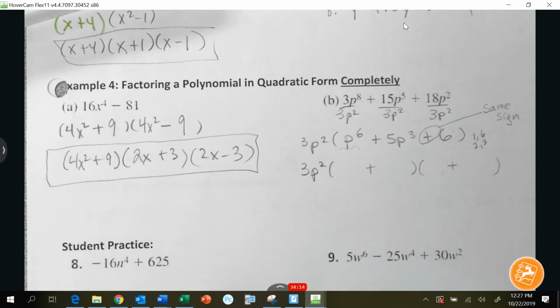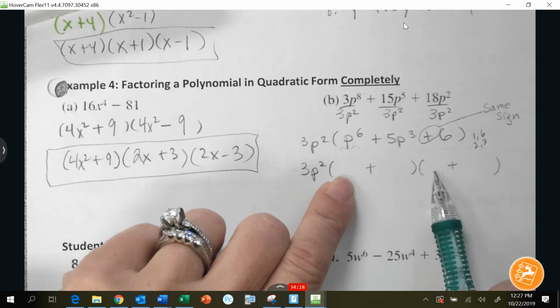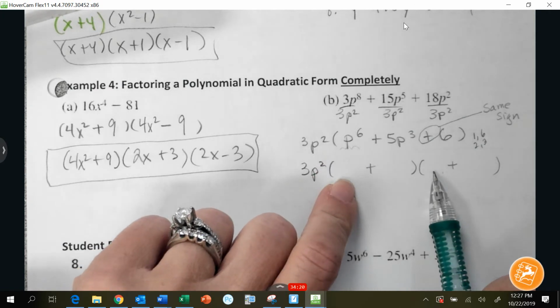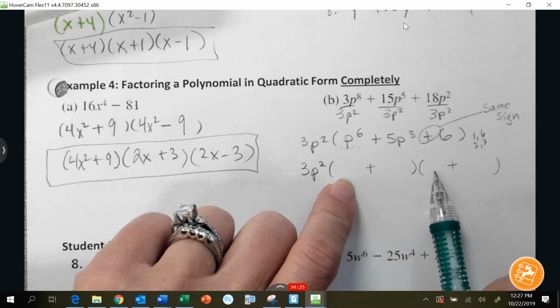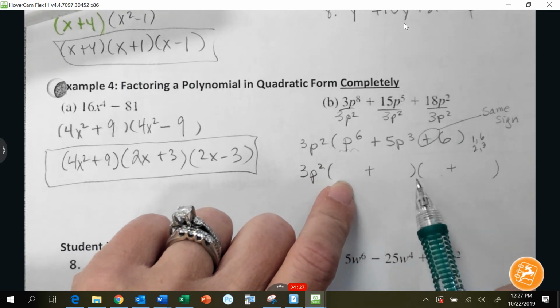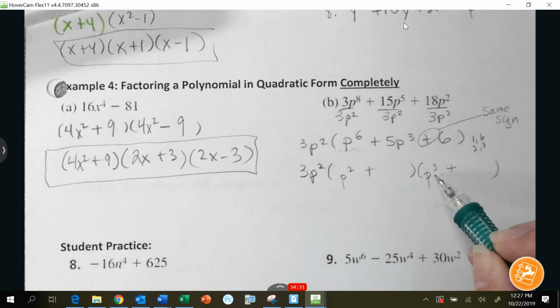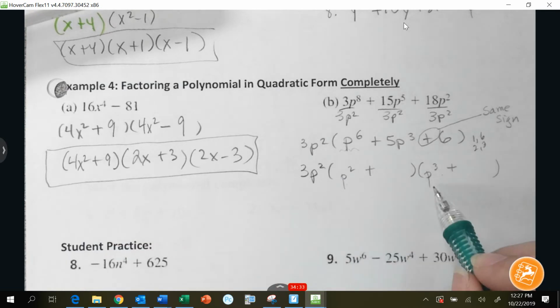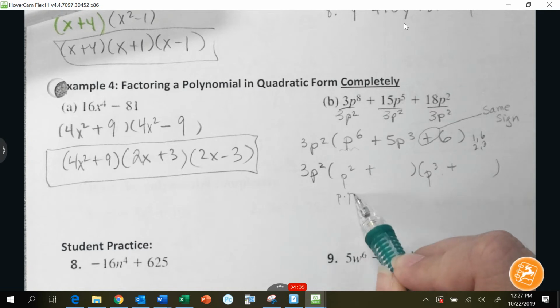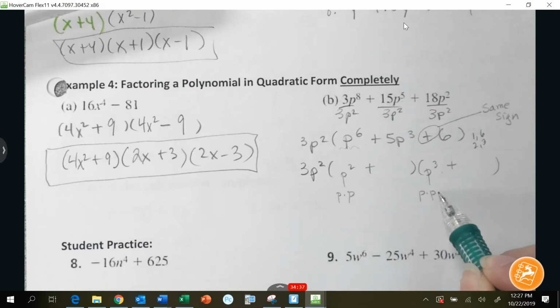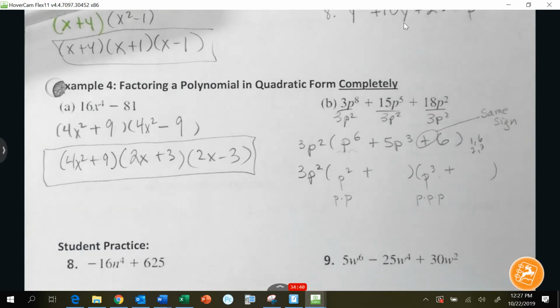What times what can give me p to the 6th? Okay, so if I do p to the 2nd and p to the 3rd, that's going to be 2 p's here, and that's going to be 3 p's here. When I multiply it together, I'm only going to get 5 of them. So what are we going to say second?